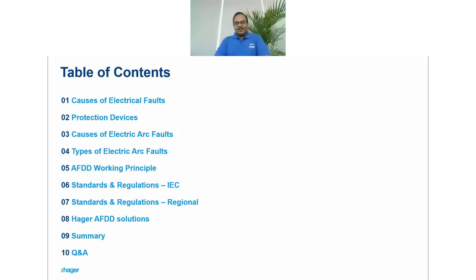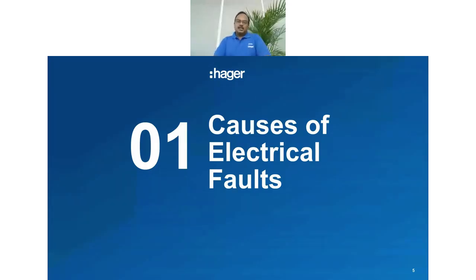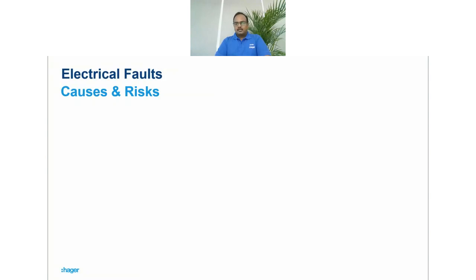I think you're all ready to listen, so we start with knowing what the causes of electrical faults are today. We all know a lot of them. I start from the easier part, where we look at what electrical faults, causes and risks we face normally.